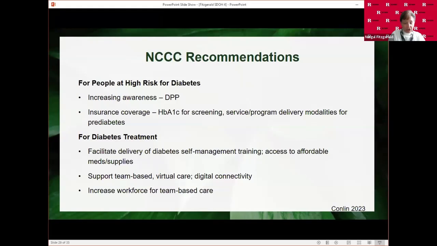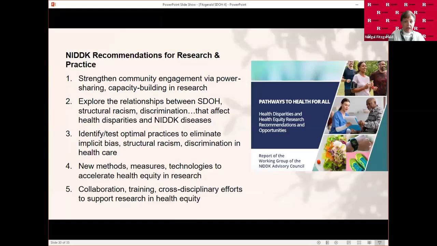And including supporting the team-based approach and training the new members of the public health and healthcare community, increasing the workforce, and applying team-based care. So these are the major ones.